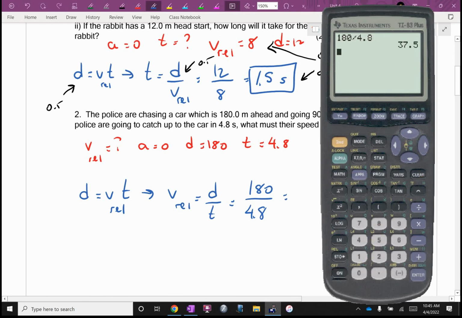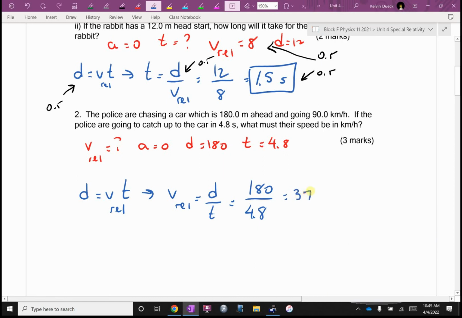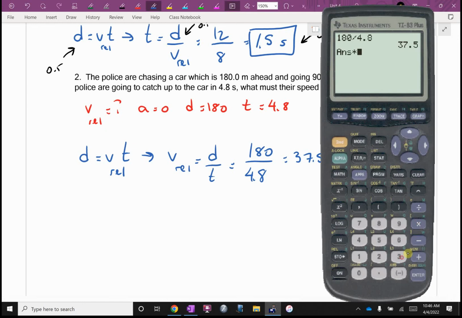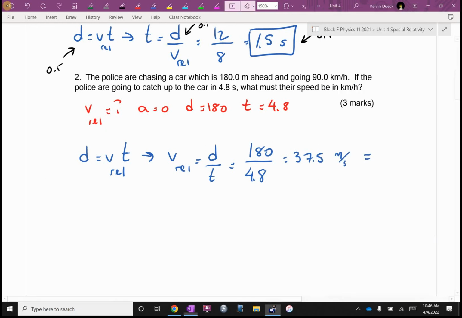I get 37.5 meters per second. Now, that's how much faster the police have to be going than the bad guys. But that's in meters per second. So now I'm going to convert that to kilometers per hour, which is, I think, times by 3.6.